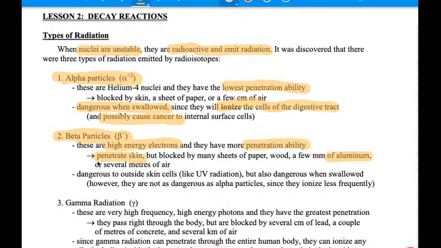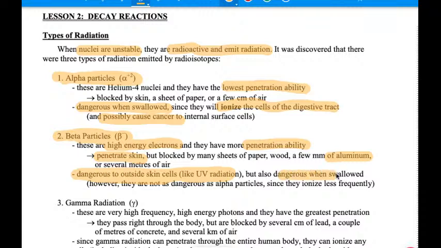So not crazy penetration ability, but they still are dangerous to our skin cells, just like UV, ultraviolet radiation. So it isn't ultraviolet radiation, but it'll have the same effect, right? We can have these beta particles, these high energy electrons, piercing our skin and causing some cancer to those outer cells if there is a long enough exposure and they're altering the DNA of those cells.